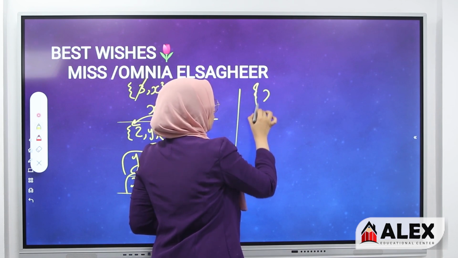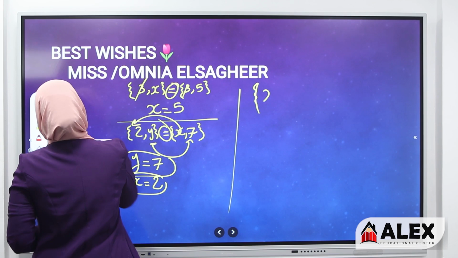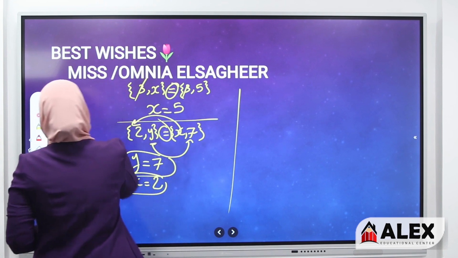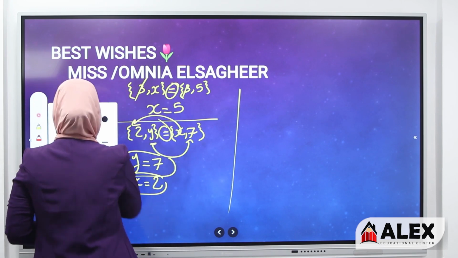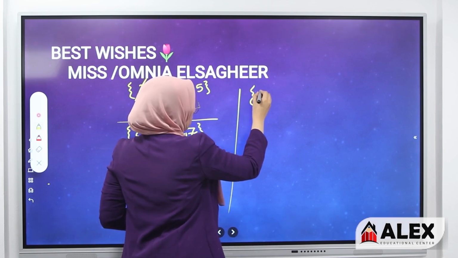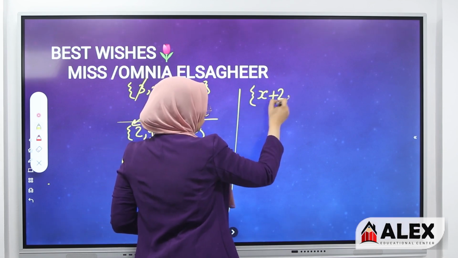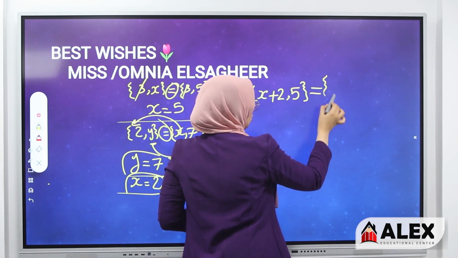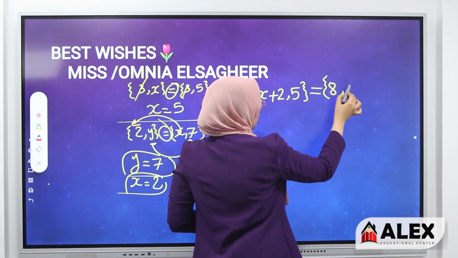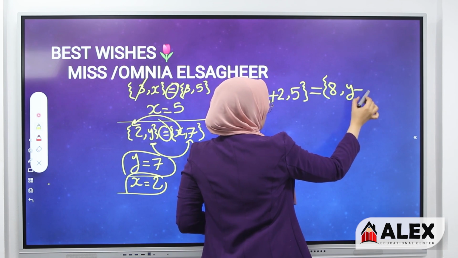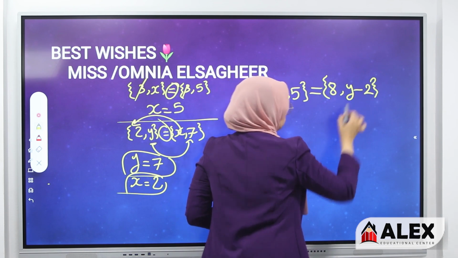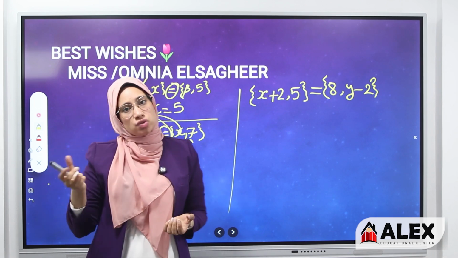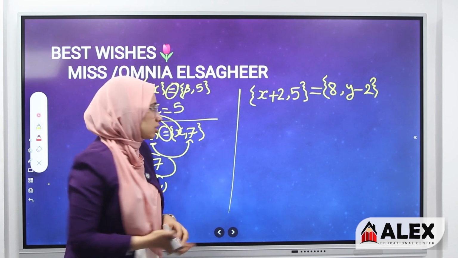{x + 2, 5} equals {8, y - 2}. Okay, for the equality of sets, the elements of the first set equal the elements of the second set, like this.